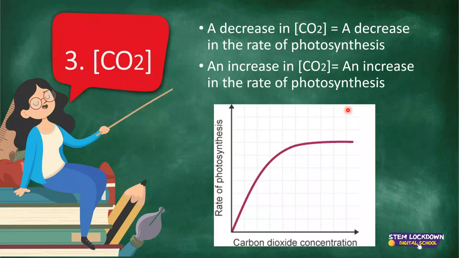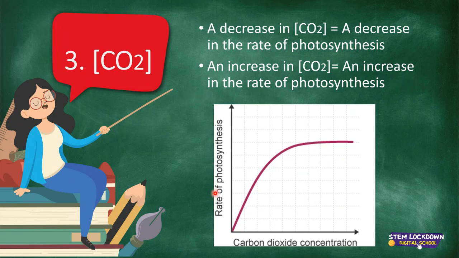So the third factor is carbon dioxide concentration. A decrease in carbon dioxide concentration equals a decrease in the rate of photosynthesis, and an increase in carbon dioxide concentration equals an increase in the rate of photosynthesis.